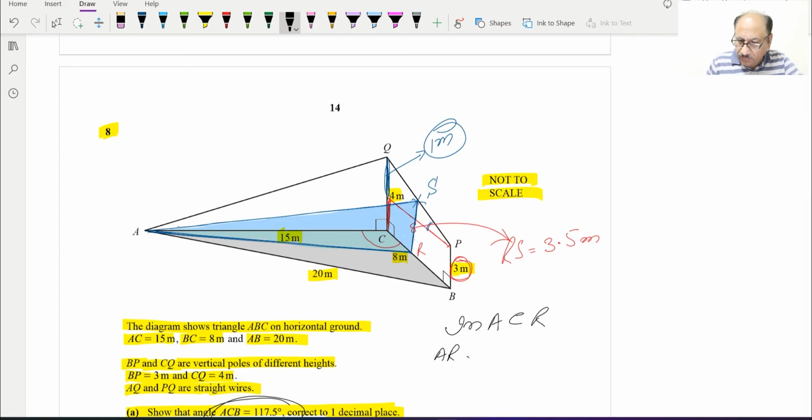So AR will be equal to 15 square plus 4 square; basically we can apply cosine rule also. So 15 square plus 4 square minus 2 into 15 into 4, and cos of 117.5, which we found basically.